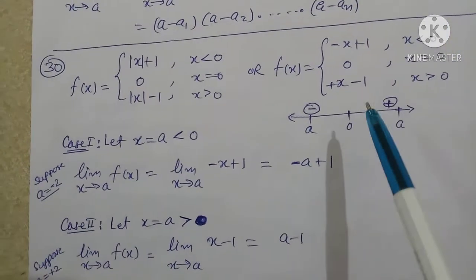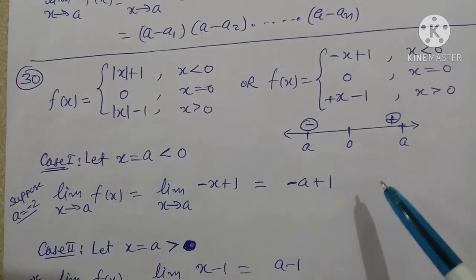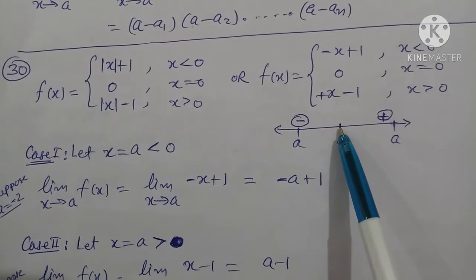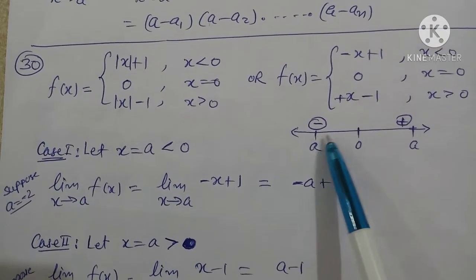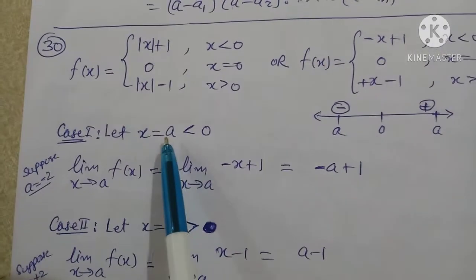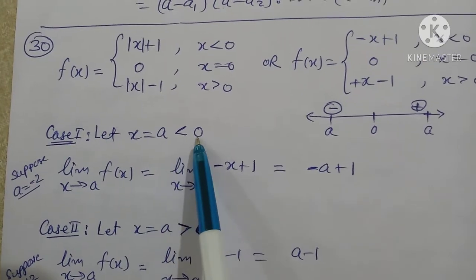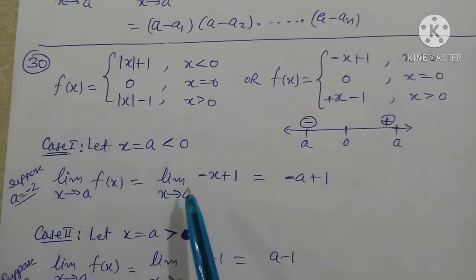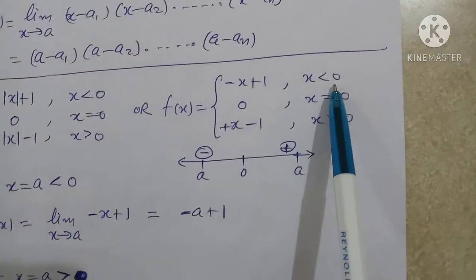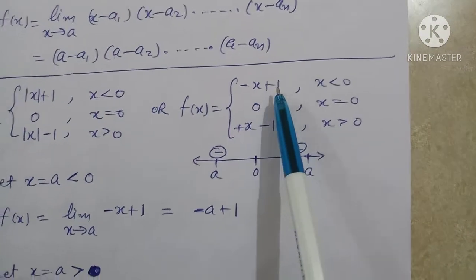Now we have to find the values of a. Suppose the values of a are less than 0, it means a belongs to a negative interval. So case first, if a is negative, it means less than 0. In this case we have to use only simple differential, because when x is negative, function is defined only as minus x plus 1.